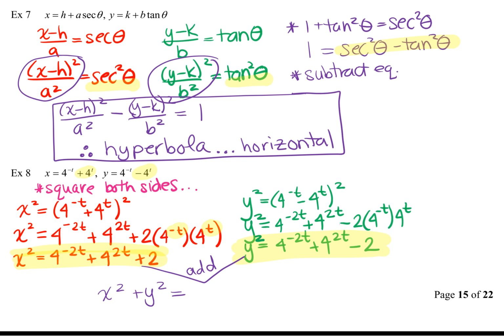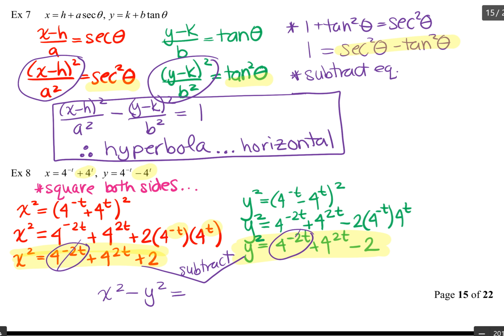Maybe I shouldn't add them together. How about we subtract them instead? Because I notice 4 to the negative 2t is the exact same as the 4 to the negative 2t. So let's switch that. Let's subtract. So it's x squared minus y squared equals then 4 to the negative 2t and 4 to the negative 2t will cancel.